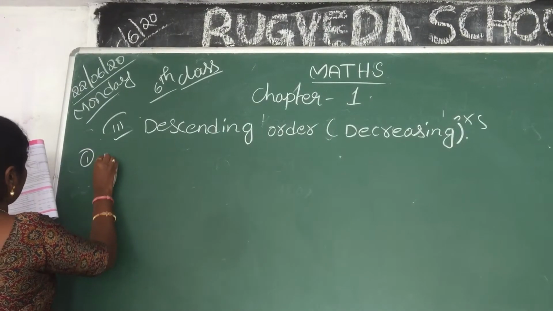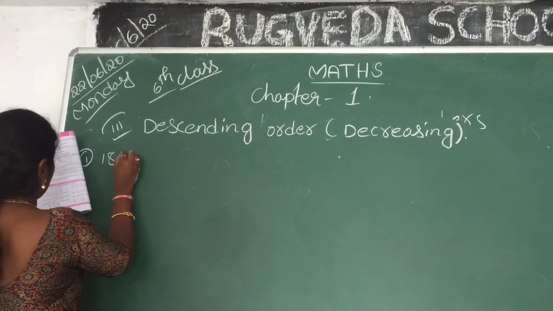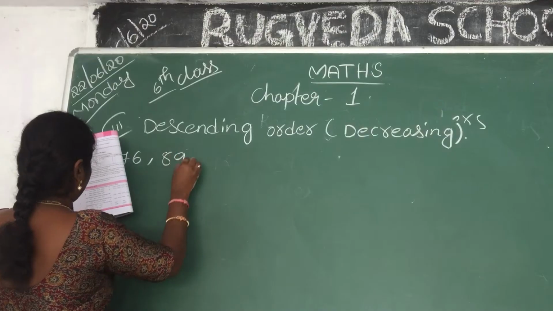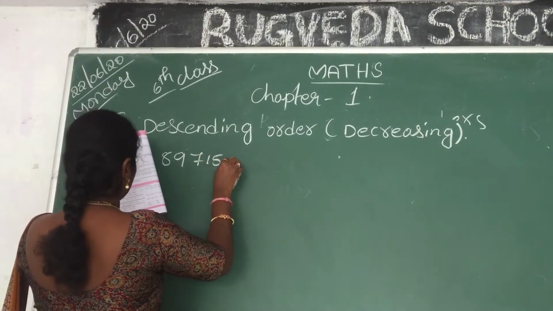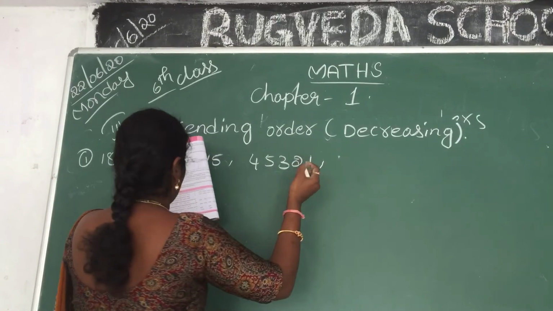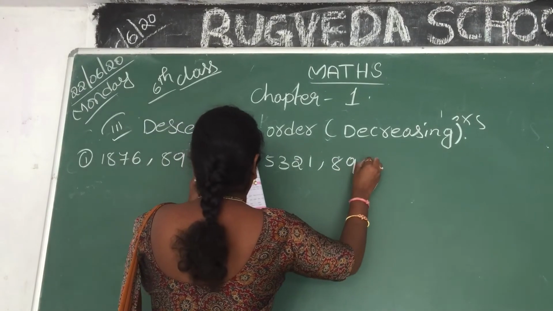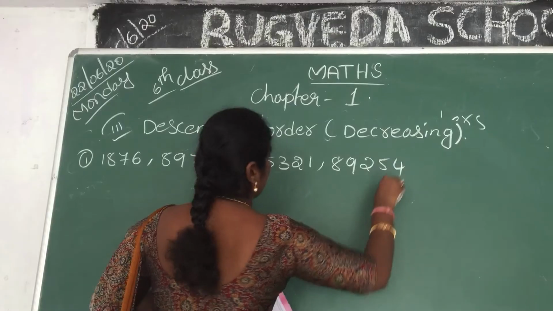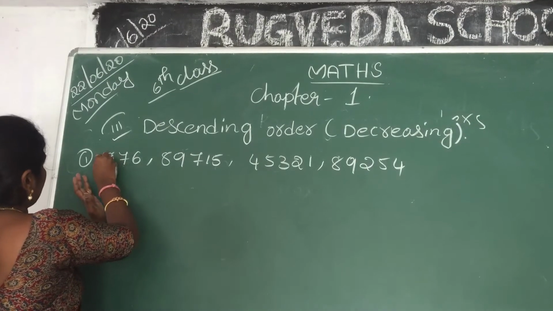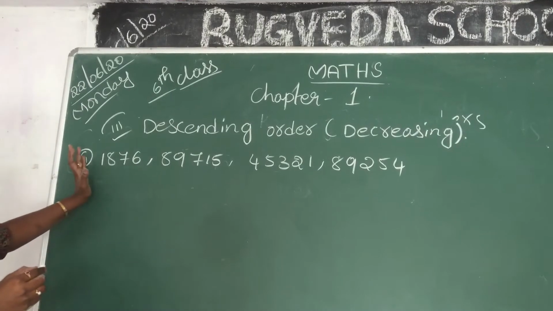First one, see 1876. Next, this is the problem. Now you have to write descending order. See here, first number is in thousands place, only thousands.